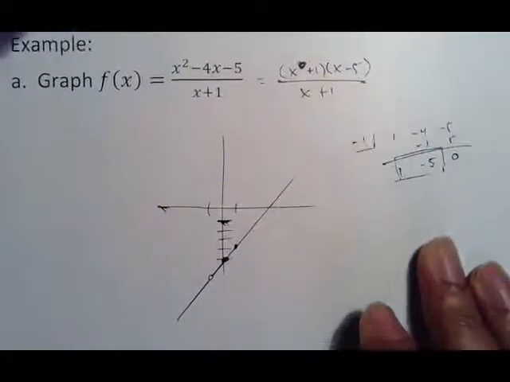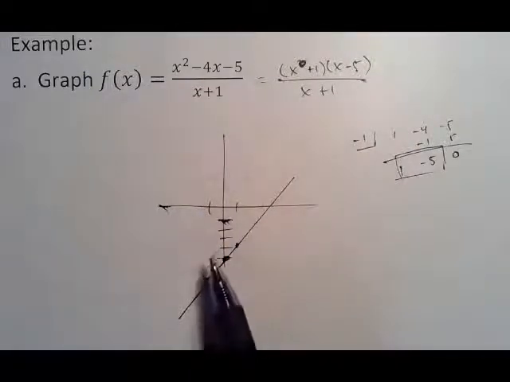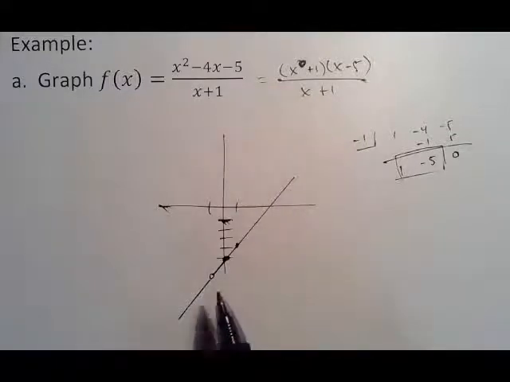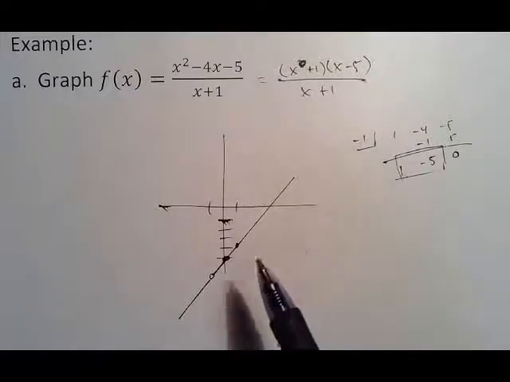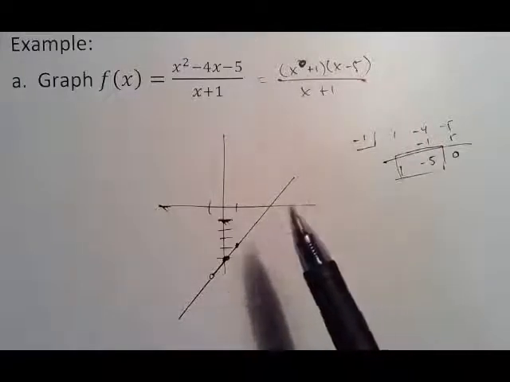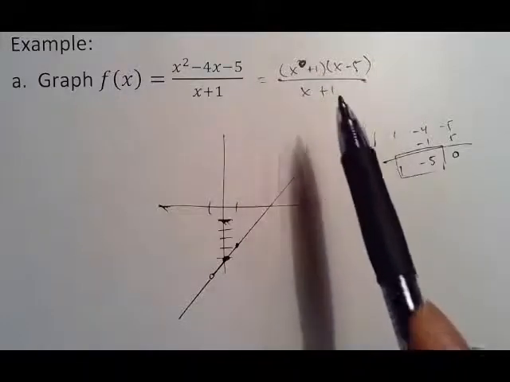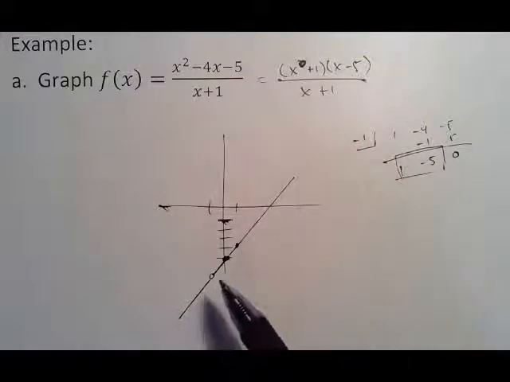So that is what the graph looks like. I'm pretty sure this doesn't line up with negative 1 perfectly, but I did my best to show there is a hole, because negative 1 is the value that breaks the function, so you cannot have a number there. But since it does divide evenly, you just end up with a line. Again, that would typically be my oblique asymptote from what we learned yesterday, but because it divided evenly, your oblique asymptote just turns into an actual line with a hole in it. So just keep that in mind as we go.